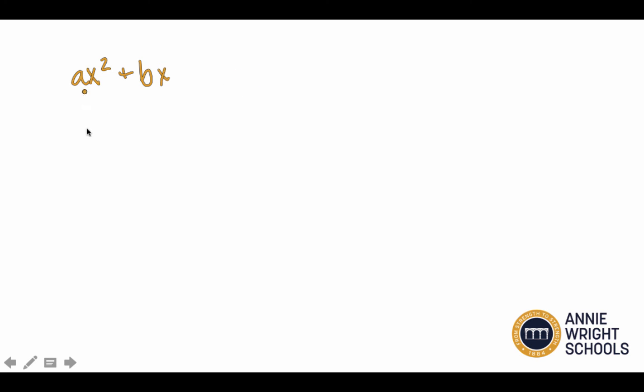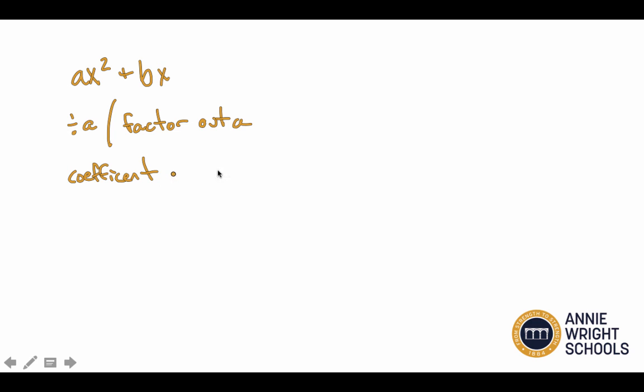Then if there is an a value that's not 1, you've got to get rid of a. So divide by a, or factor out depending on what you have. If you have an equation, you can divide by a, but if you don't have an equation, you have to factor out an a.